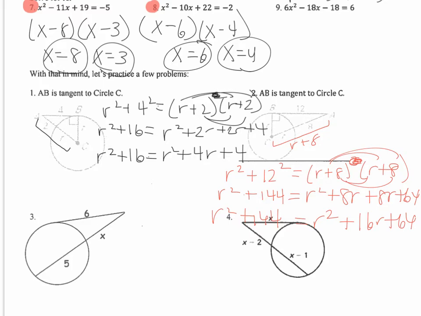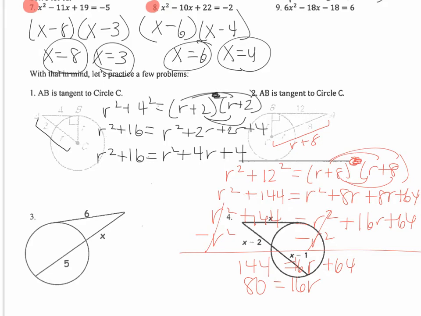Well, I've got R squared and R. So hopefully my R squareds are going to cancel out if I subtract them. Sure enough, they do. So 144 equals 16R plus 64. So I'm going to subtract 64 from 144. I get 80 equals 16R. I'm going to divide by 16. Well, I know that answer was right because I got 5 for R.